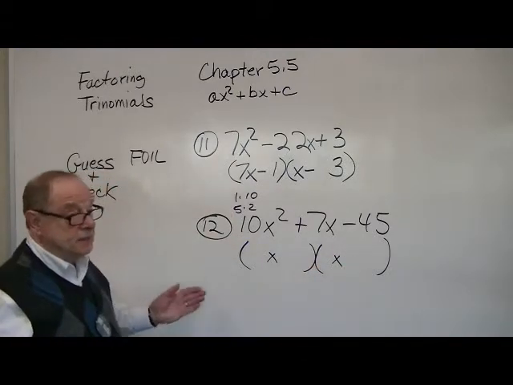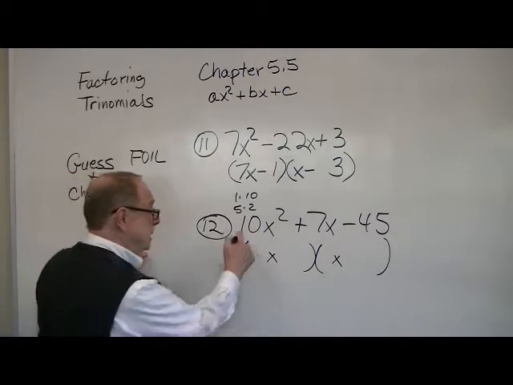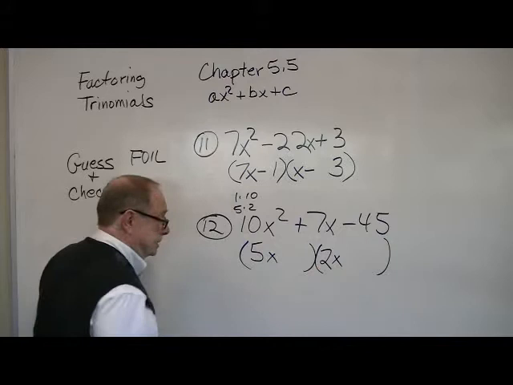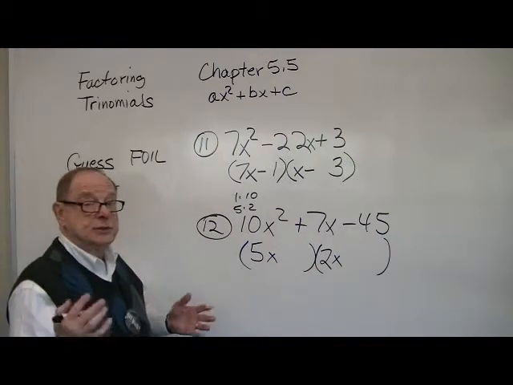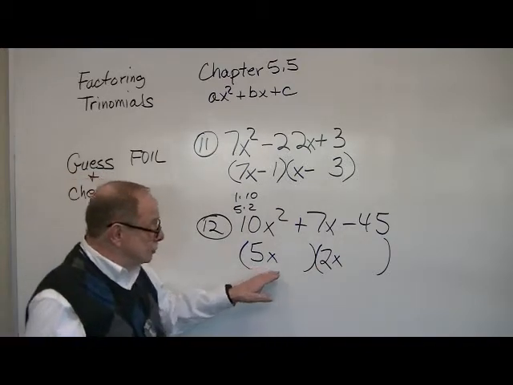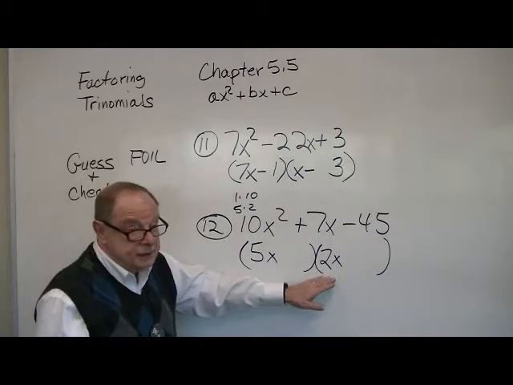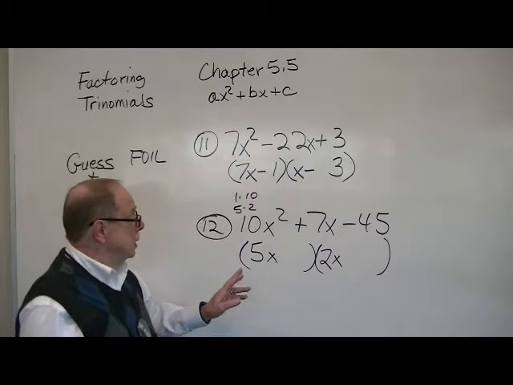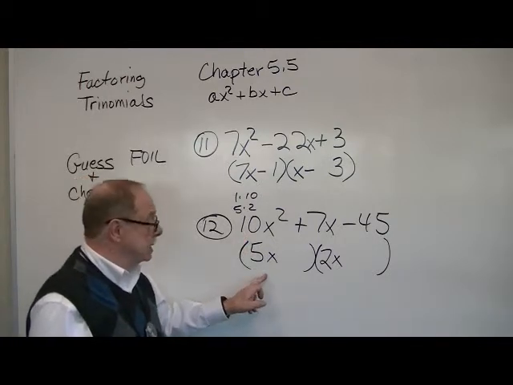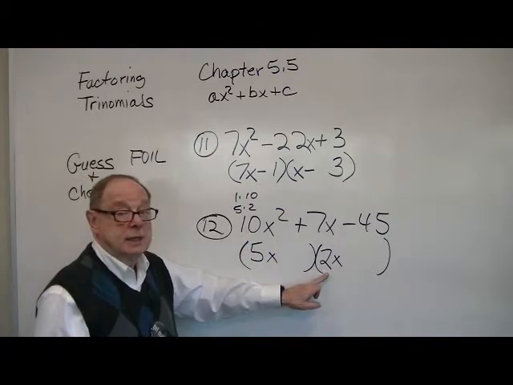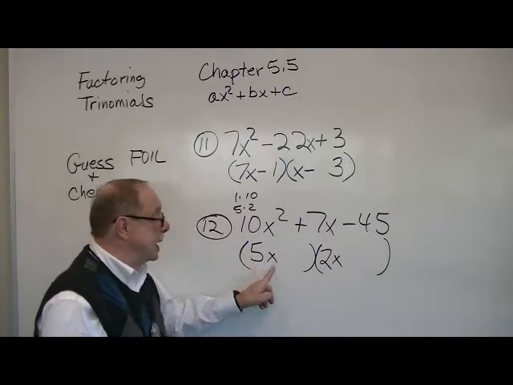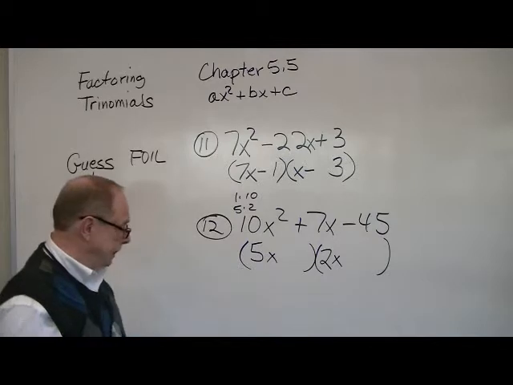So about 70% of the time, it's going to be 5x and 2x. Now, as you do this, what you do is you try this. If this doesn't work, and you can put the 5 there and the 2 there, you would then go to the 10 and the 1. But not so often. Again, more often it will be 5 and 2.